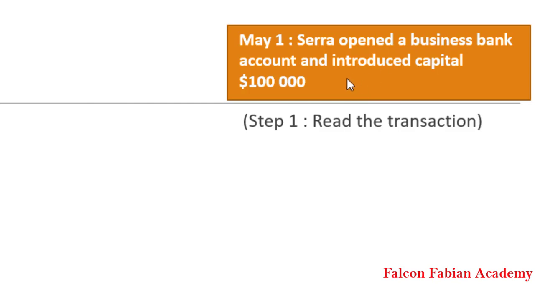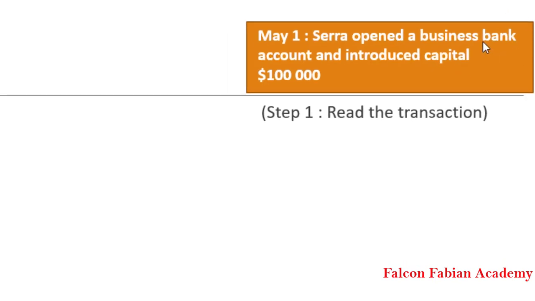So the two things that are involved over here is Sarah has opened a business bank account and introduced capital worth 100,000. So Sarah has introduced money in the business, and whenever the owner introduces money in the business, it is referred as capital. And where is this capital? This capital is in the business bank account.